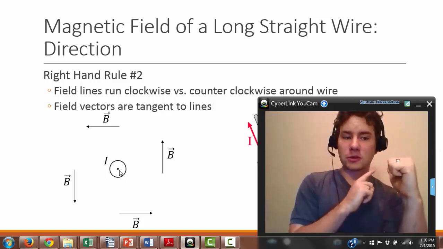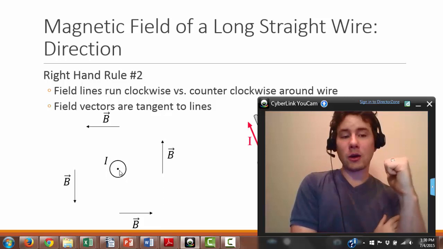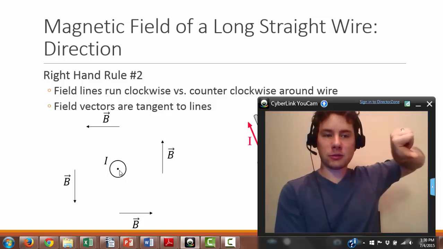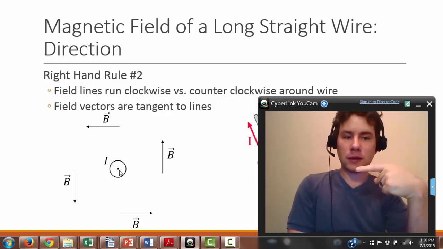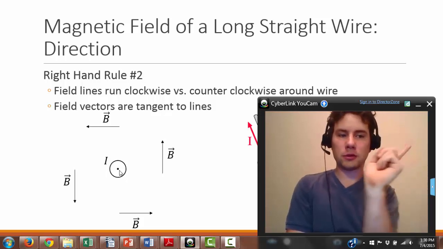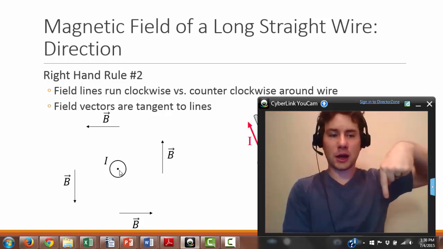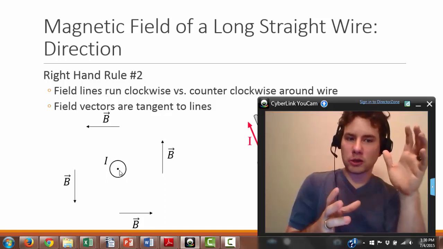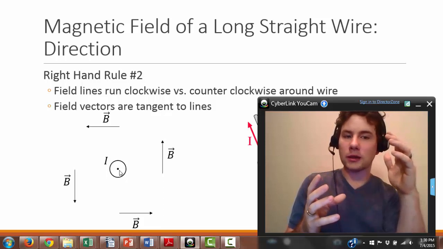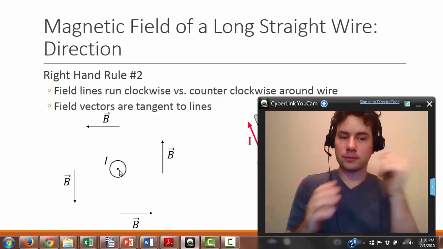So this direction is out of the screen. That direction is into the screen. This direction is to the left, this direction is up, to the right, and down. It might be a little confusing to watch the video. I suggest you follow along and your hands should move in the correct direction.